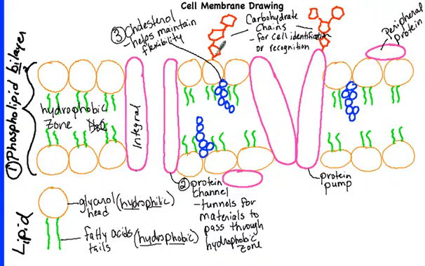Now, this one we have attached to our lipid bilayer. So we're going to call it a glycolipid. This one is attached to a protein, so we're going to call it a glycoprotein.